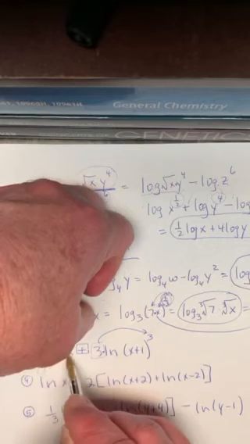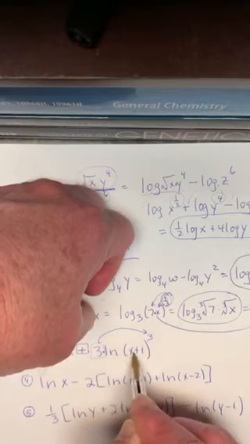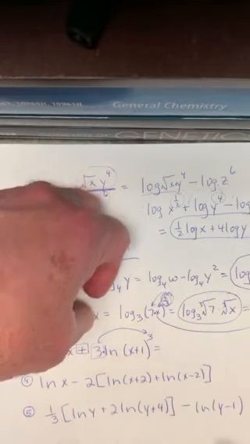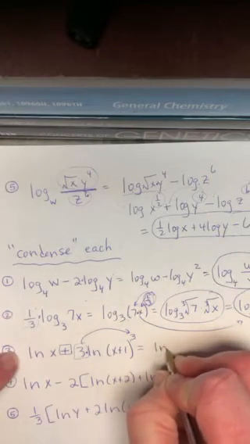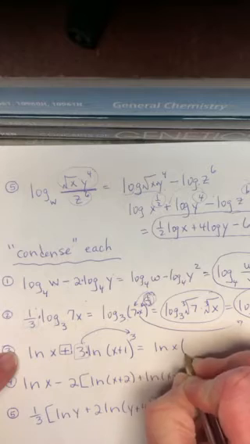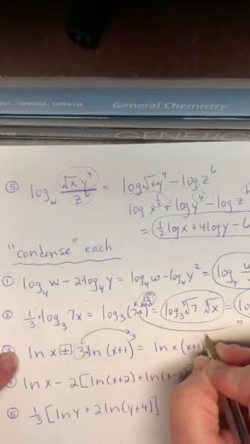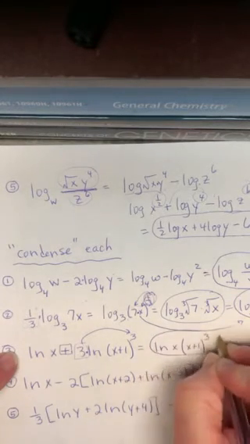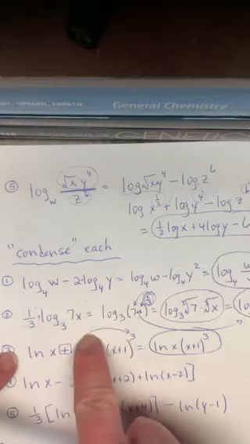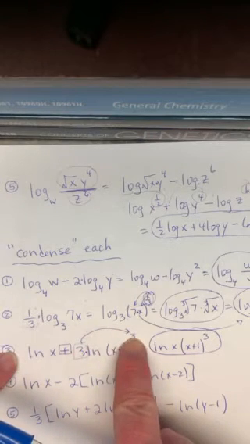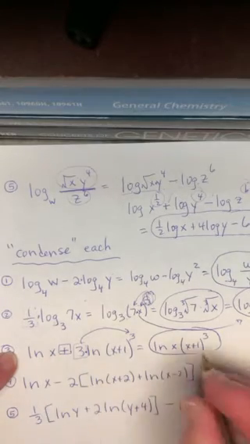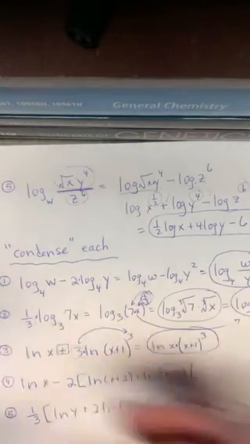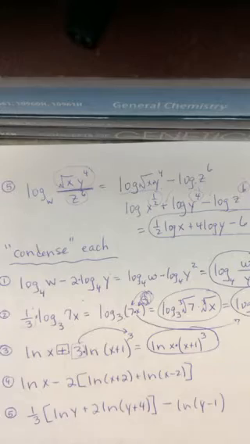Since it's the log of m plus the log of n, I would change it into the log of m times n. So it's really ln of x times x plus 1 to the third. So no big deal. We moved the power up top where it belonged. And because there was a plus in the middle, we made it a dot-connected group. And we condensed it into that answer.